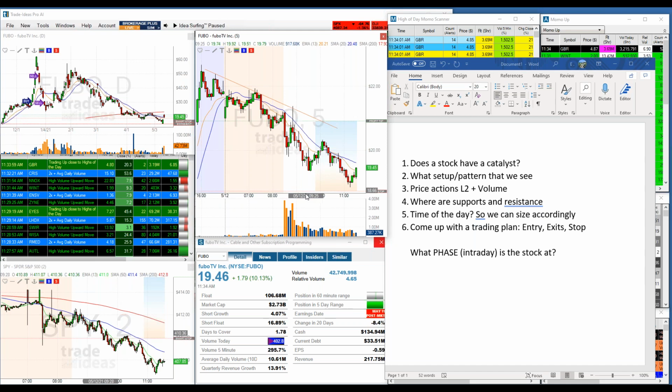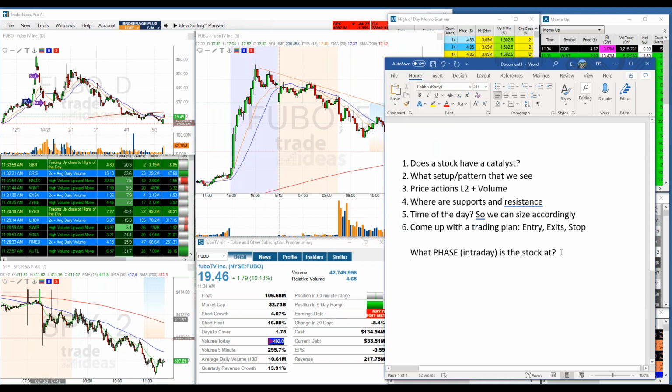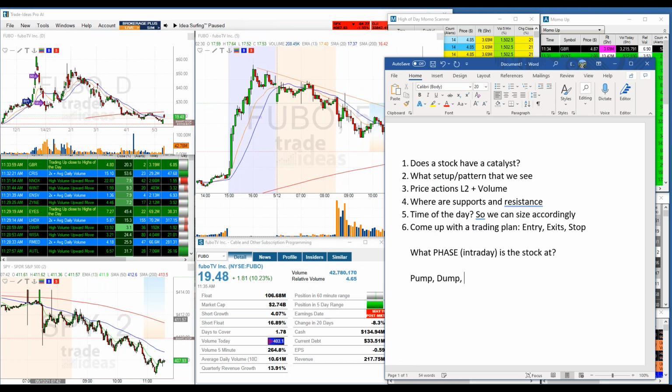The stock usually has these phases. What are the phases? We talk about the pump, the dump, the bounce, and the fade. Those are the four phases.